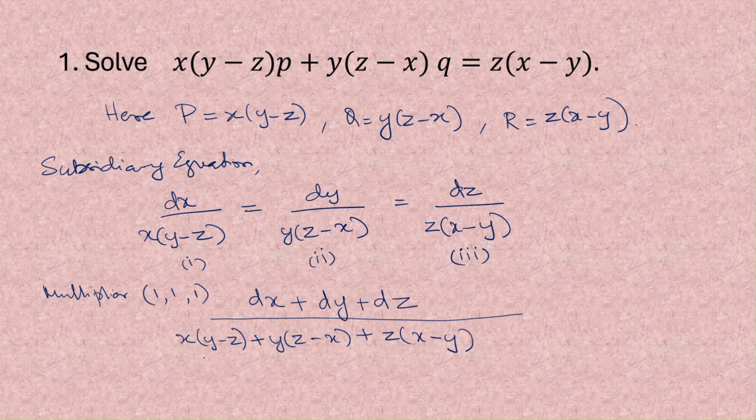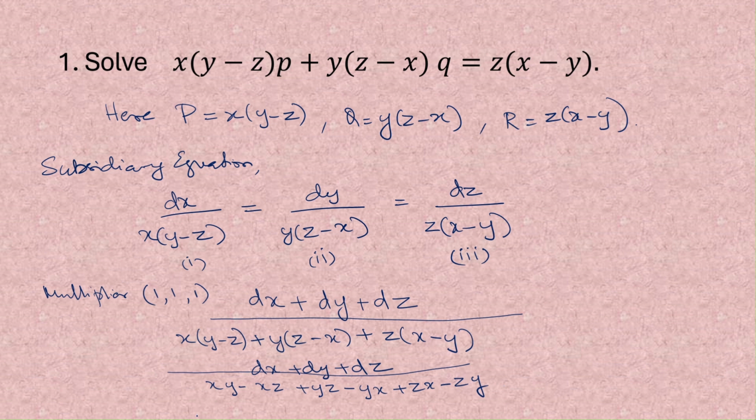Now simplifying this denominator, what we have here is dx plus dy plus dz divided by xy minus xz plus yz minus yx plus zx minus zy.